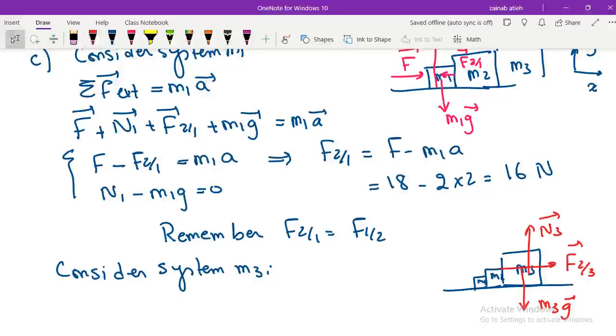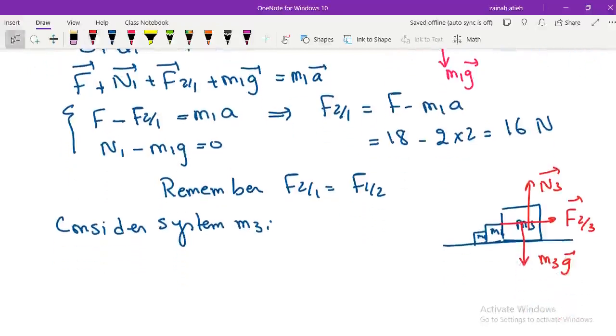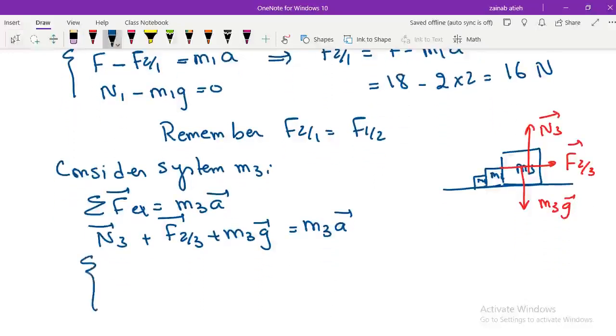You can see that F is not drawn, because the F that I am pushing M1 with does not act on M3. I'm not pushing M3, I'm pushing M1. M1 pushes M2 and M2 pushes M3, so F does not act on M3. Let's apply Newton's second law. Sum of F external is equal to M3A, so N3 plus F2 on 3 plus M3G equals M3A. On the X axis, F2 on 3 equals M3A. On Y I won't use it but I will project anyway: N3 minus M3G equals 0.